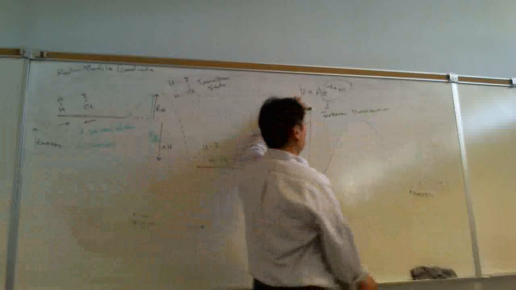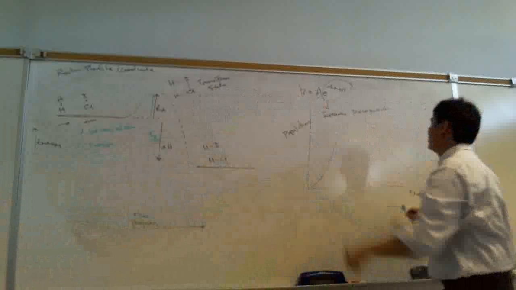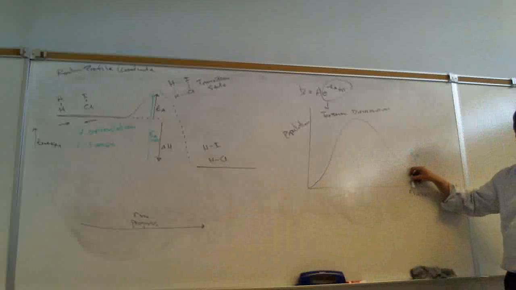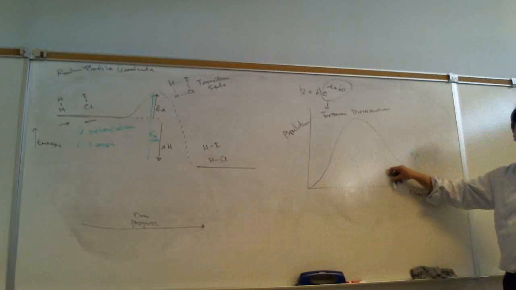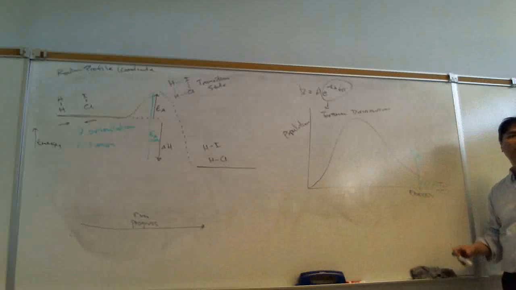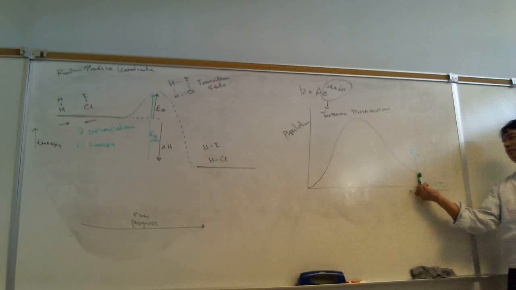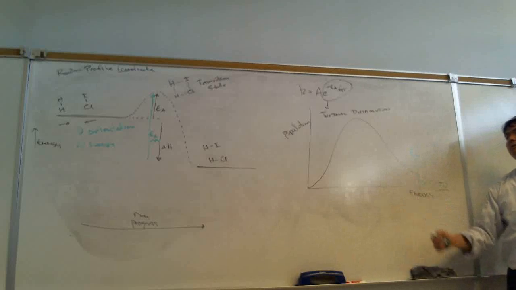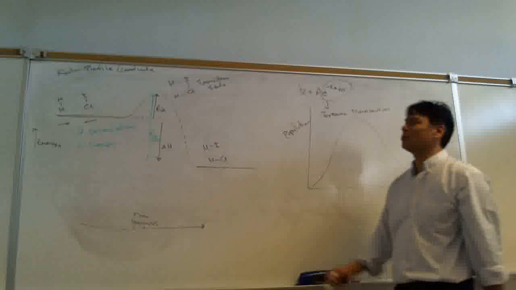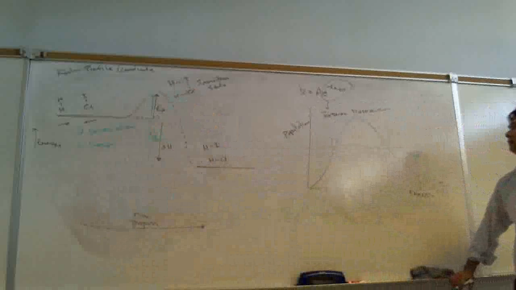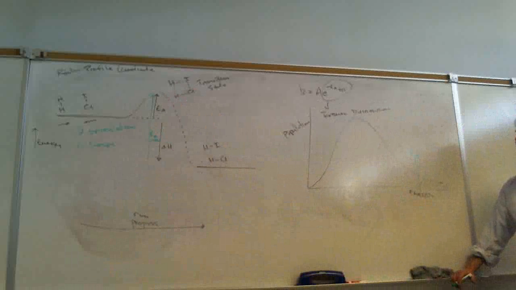And so the rate constant depends on the magnitude of E sub A. How hard are the bonds to break? The harder the bonds are to break, the slower the reaction is going to be. The easier they are to break, the faster it's going to be. But again, it's not just bond breakage because we're also forming bonds at the same time. And then temperature.